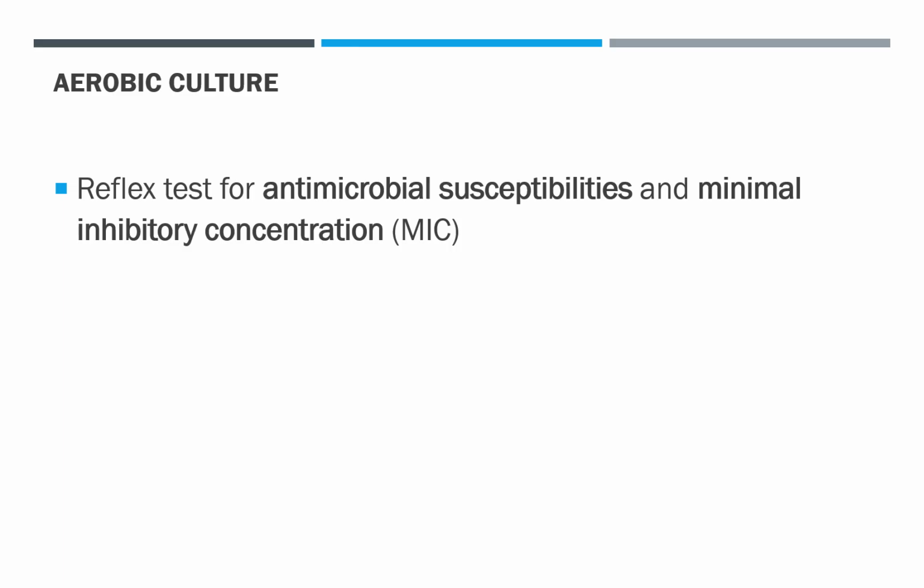By saying reflex test, this means that if they see bacterial growth in the first part, they'll automatically add on the susceptibility testing, and this means that they actually test with drops of different types of antibiotics to see which will be effective against what's growing out.